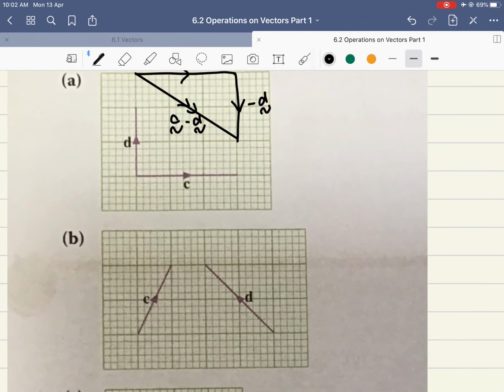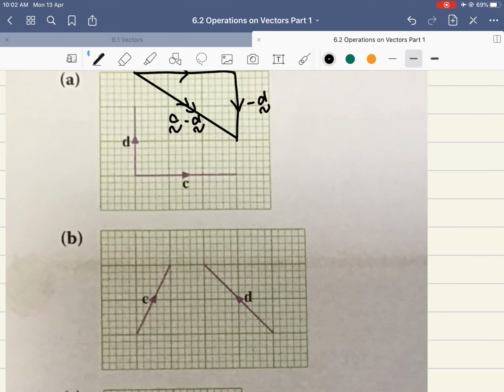Okay, let me just do 4B for you. C minus D. Let me just redraw. Vector C is going this way. This will not be good. Let me just erase this. Okay, C minus D. I can just use this C over here.